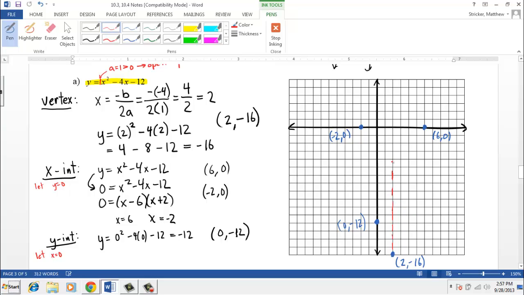If I draw that all the way up, which means if this y-intercept point is 2 units away, we should have another point over here on the other side 2 units away, which is at x equals 4, and it has the same y value. It's 4, negative 12. And this is really enough to go ahead and graph our parabola.